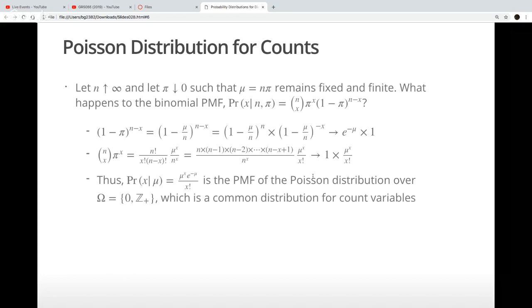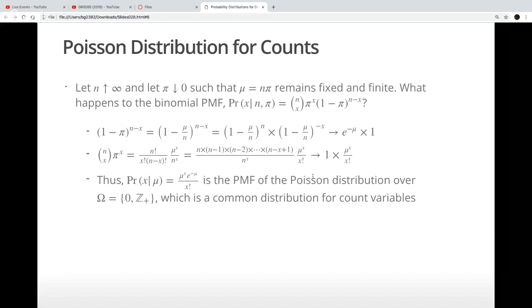And so that's another very common way we can take a distribution that we know, like the binomial, and ask what happens in the limit as something goes to infinity or 0 or 1 or whatever it may be. We get a new distribution that is applicable to a new situation, namely where we have an outcome variable that is a count.